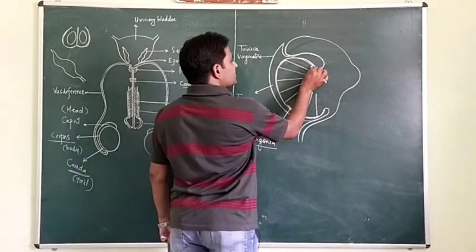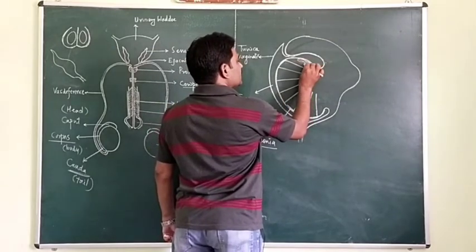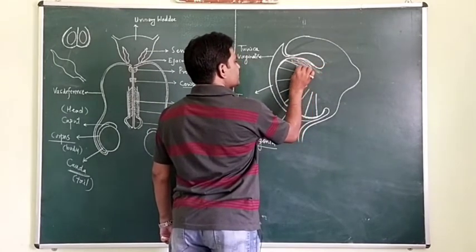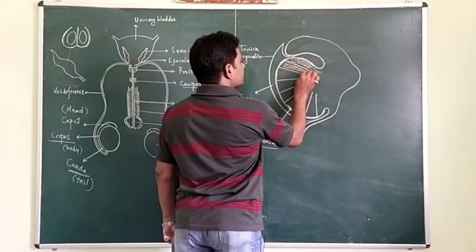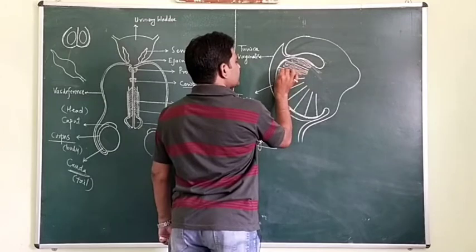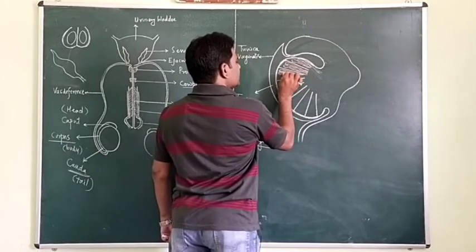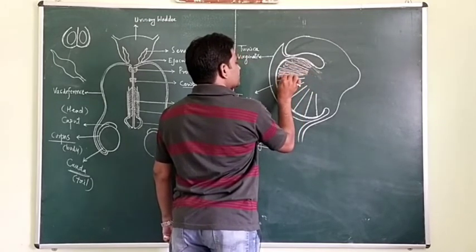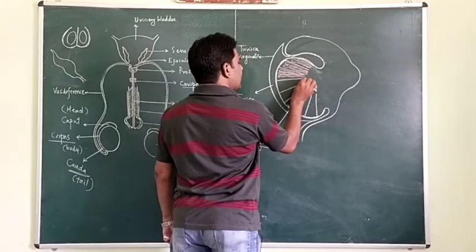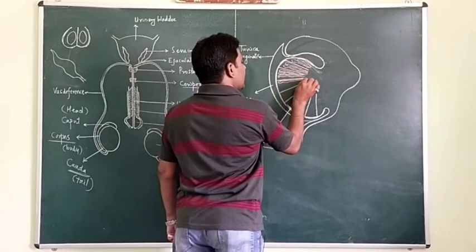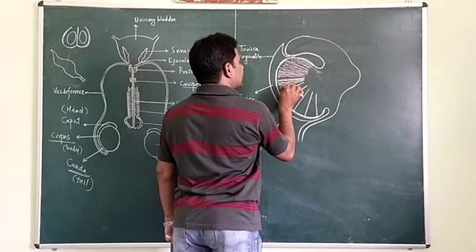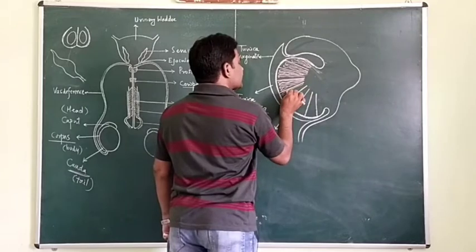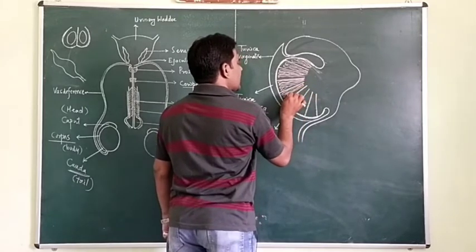Each lobule contains about 3 to 4 coiled seminiferous tubules.